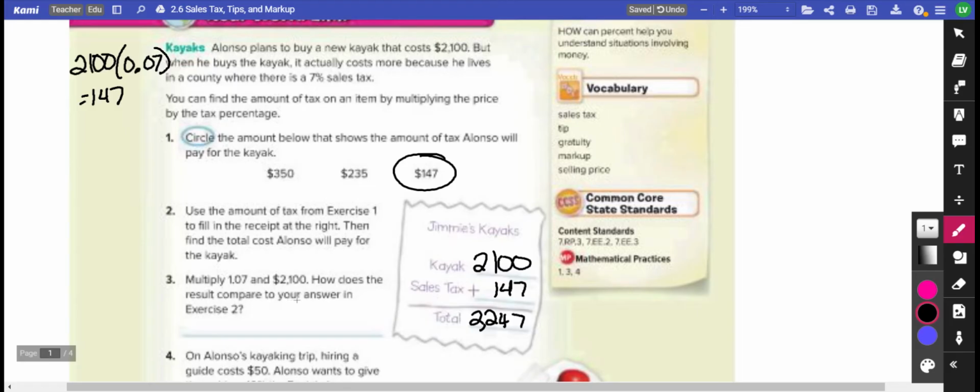How does the result compare to the answer in exercise 2? Well, if I take 1.07 times 2,100, that equals 2,247. What do we notice? Or how is the comparison? They are the same.